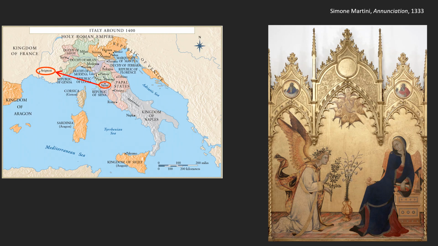Almost immediately, from the 1340s on through around 1400, we start to see this new proto-Renaissance style go all over Europe. Whether we're in Czechoslovakia, modern Czechoslovakia, Belgium, Holland, France, Portugal, Spain, England, it doesn't matter. You see this everywhere. It becomes the style of Europe.